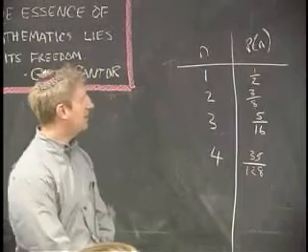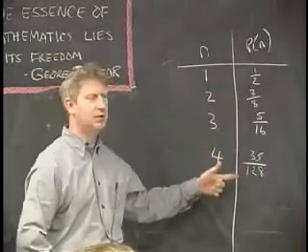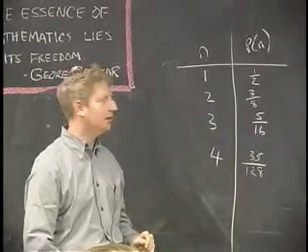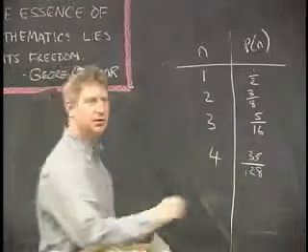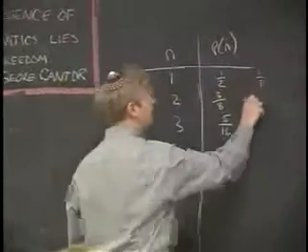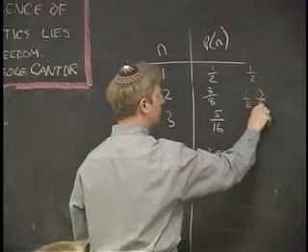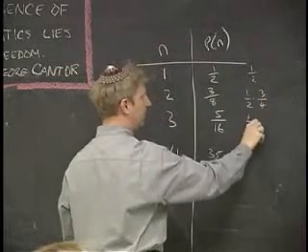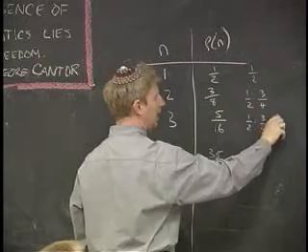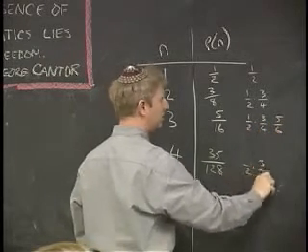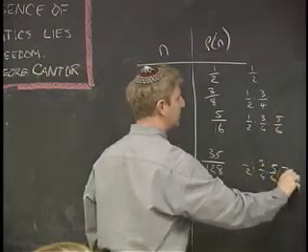I kind of hid the pattern a little bit because I converted everything to lowest terms as I went along. And if I hadn't, I wouldn't have hid it so much. But here's what actually happens. This is a half. This is a half times 3/4. This is a half times 3/4 times 5/6. This is a half times 3/4 times 5/6 times 7/8.